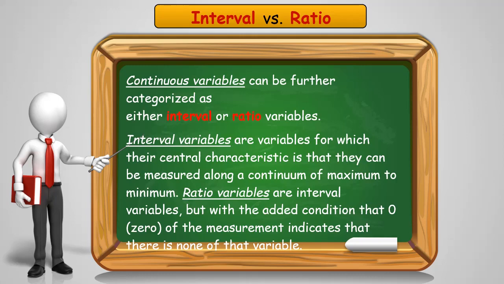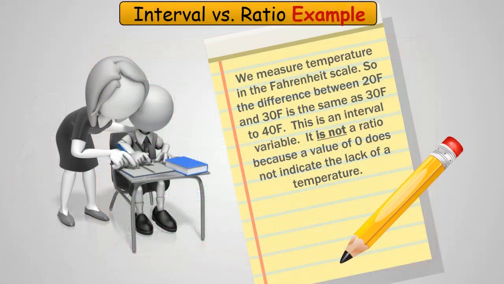I know that's a bit confusing, so let's take a look at what that actually means. As an example, we measure temperature on the Fahrenheit scale. The difference between 20 degrees Fahrenheit and 30 degrees Fahrenheit is the same as the difference between 30 and 40. This is an interval variable. It is not a ratio, because a value of 0 does not indicate the lack of a temperature. It just means that is the temperature.